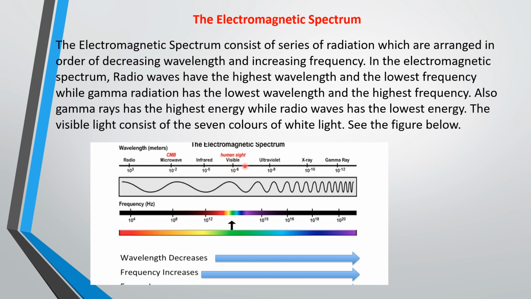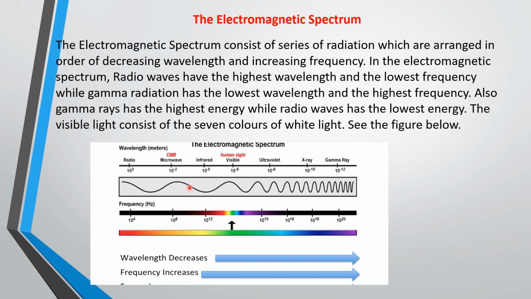You remember we discussed this, and they were abbreviated as ROYGBIV. So we have the 7 colors of light that make up the visible part of this electromagnetic spectrum, and that is what is depicted in this particular picture.